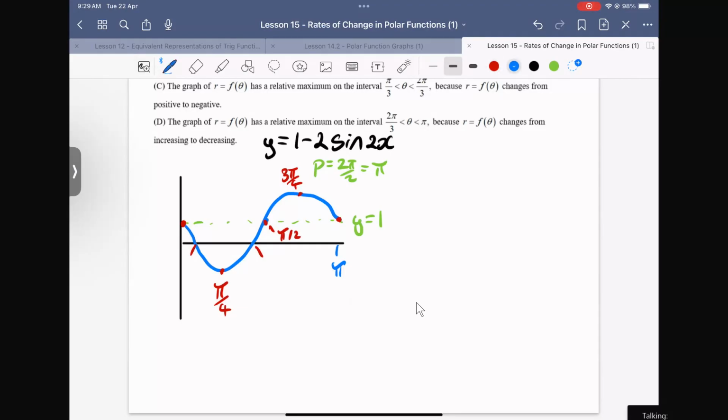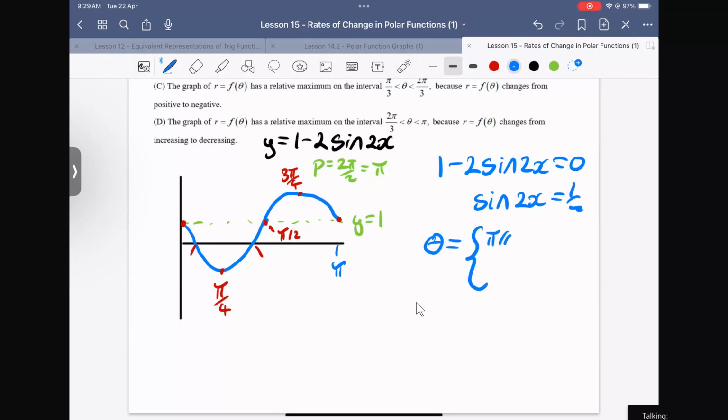So we need to solve 1 minus 2 sine 2x equals 0, which gives sine 2x is equal to a half. So 2x is going to be equal to pi over 6 plus n 2 pi, or it's going to be equal to pi minus pi over 6, 5 pi over 6 plus n 2 pi. I'm solving in x.